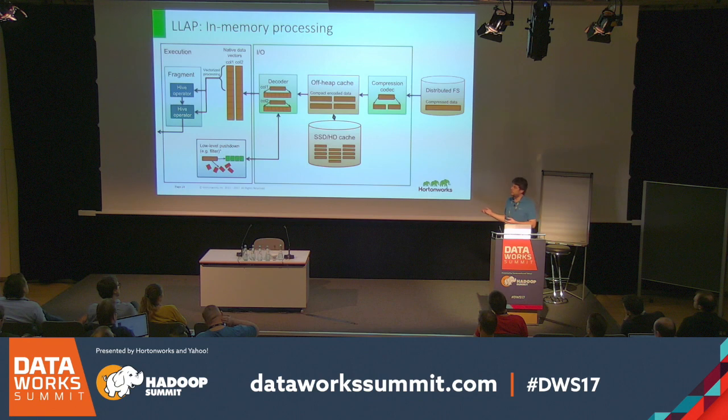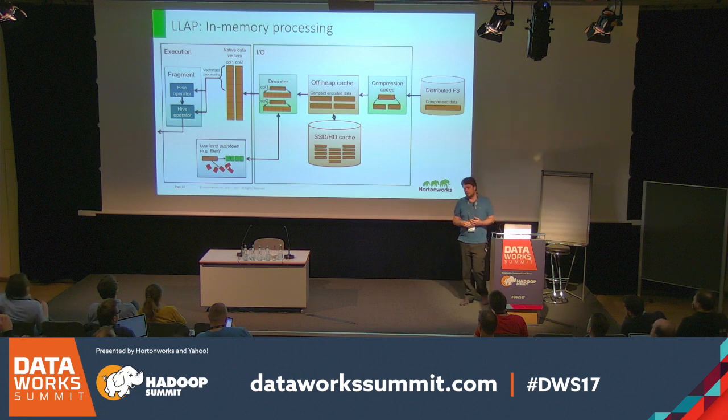And the I/O subsystem will then independently try to fill these pools of native column vectors as fast as it can, while the executor is trying to process these vectors also as fast as it can, in parallel, so there are multiple threads involved. In Hive 1 or in Hive container mode, what used to happen was we would always read the next vector from the reader, from the I/O subsystem, and use the thread for this, and the operator pipeline would sit empty.